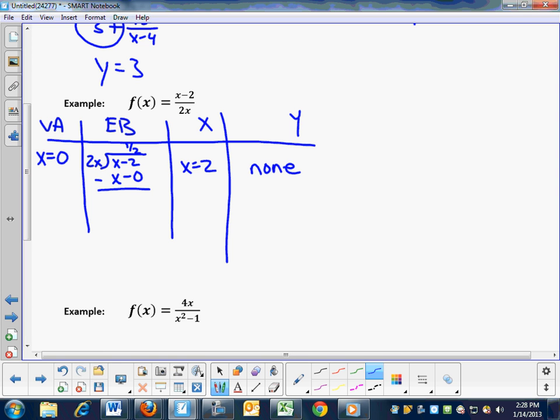What's negative 2 minus negative 0? Negative 2. So you get 1/2 minus 2 over 2x. So that's my result. The function wants to look like that for the majority of its time. We could see that at 0 something funky happens, but it wants to look like 1/2. So y equals 1/2 is my graph for the majority of the time.